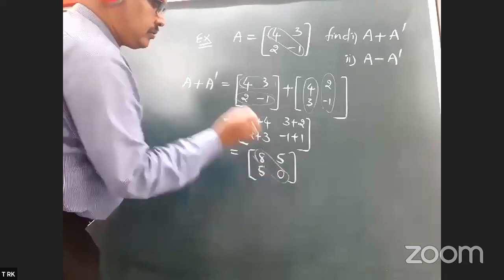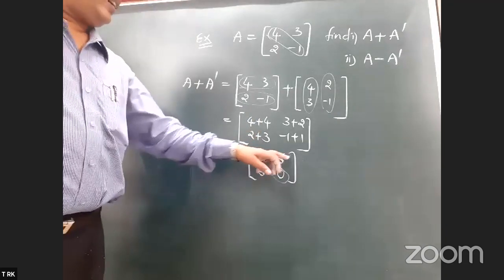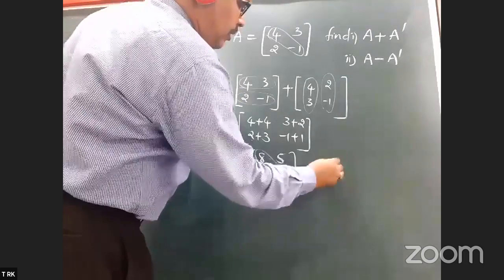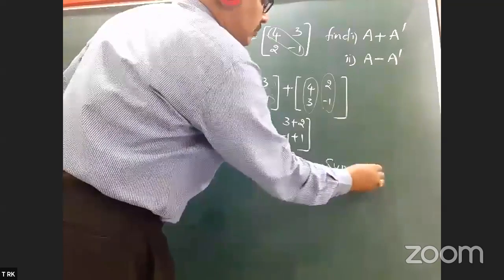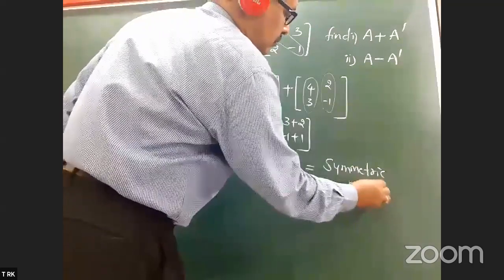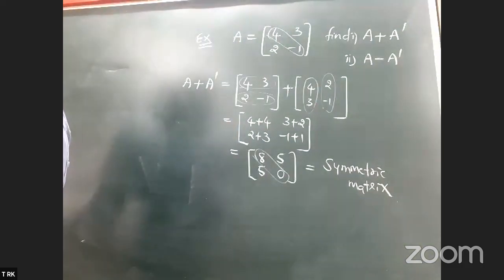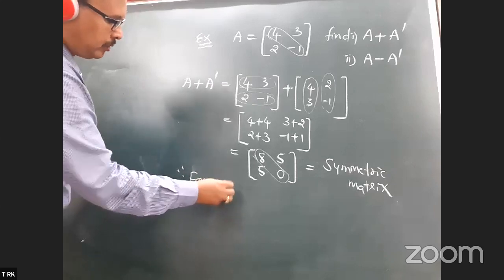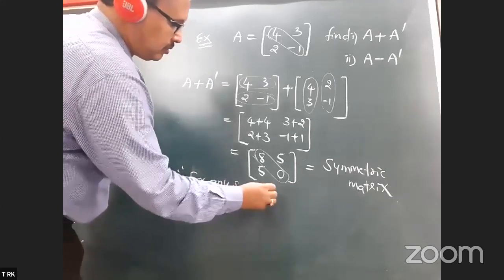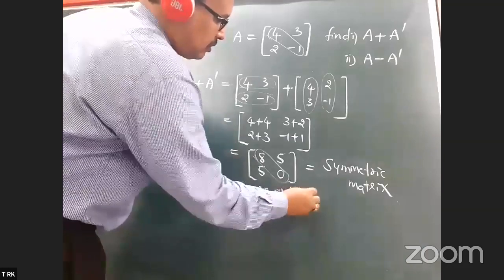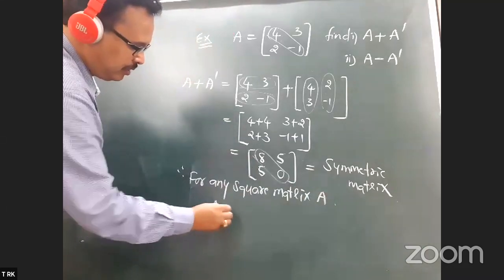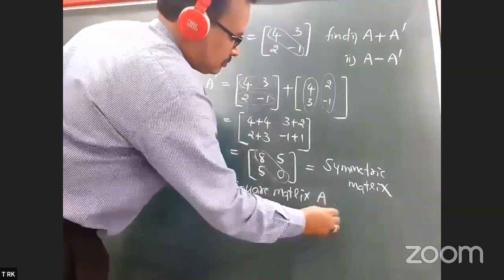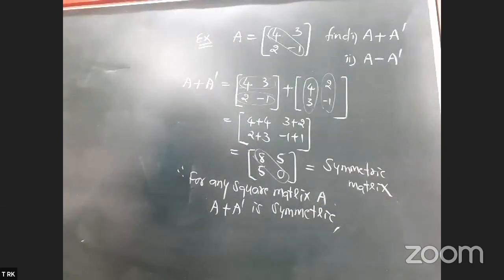So in this case, on either side, same. A plus A dash is equal to this is symmetric matrix. Therefore, for any square matrix, A plus A dash is symmetric.